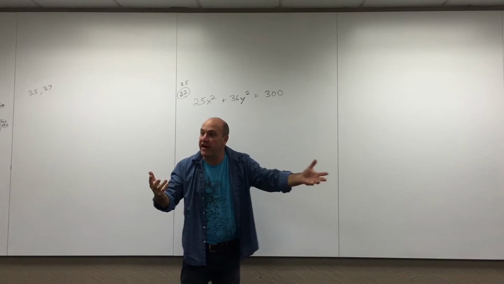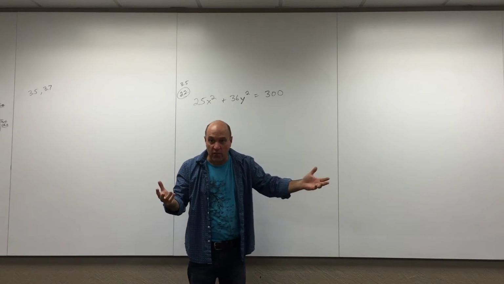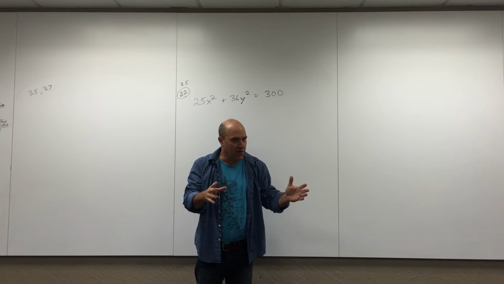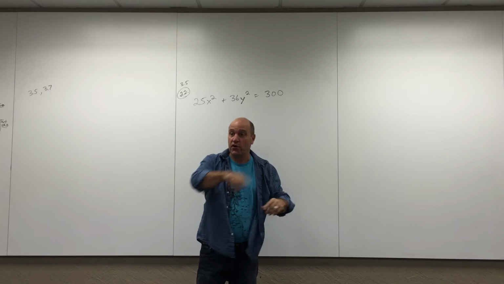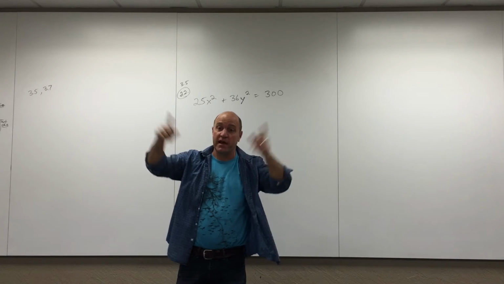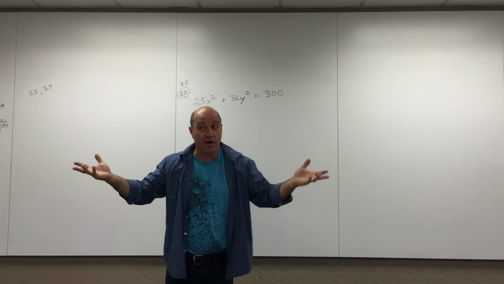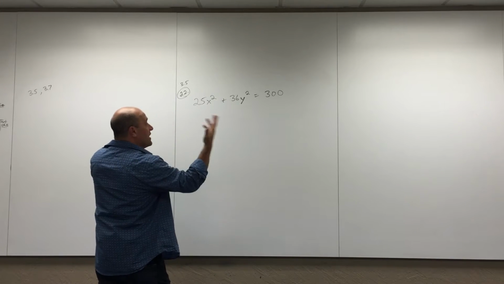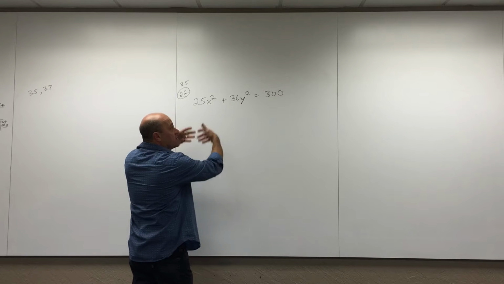That's all we dealt with in the beginning of chapter 3 and most of this course so far. But when you start mixing up your x's and y's, you get circles and ellipses and hyperbolas, things that maybe aren't functions. And they're written implicitly. The relationship between x and y is called implicit.